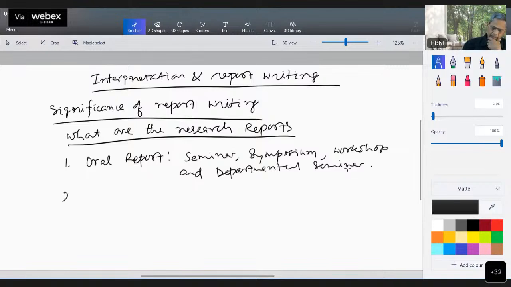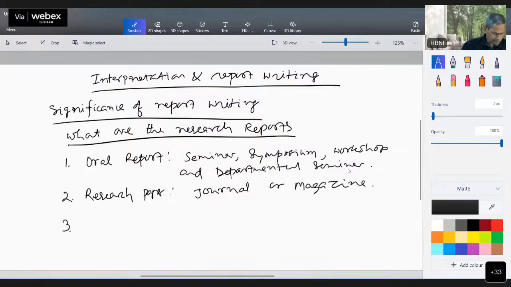Then another type of report, you can write a research paper. It's a report published in a journal. Finally, it will be published in a journal or magazine. And the third report is your PhD thesis.